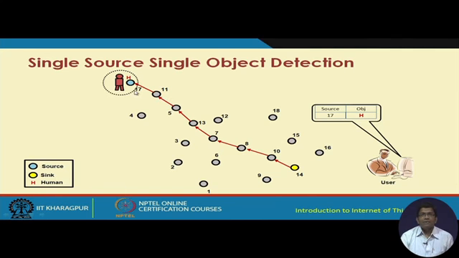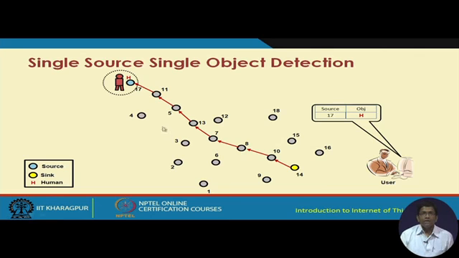As we can see in this figure, sensor node 17 detects a human object, and that information through this multi-hop path is sent to the sink node 14. There is a user who is continuously monitoring, who can see close to which sensor any human object, or whatever object it is programmed to sense, appears.